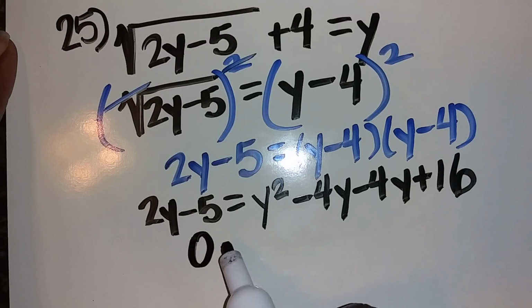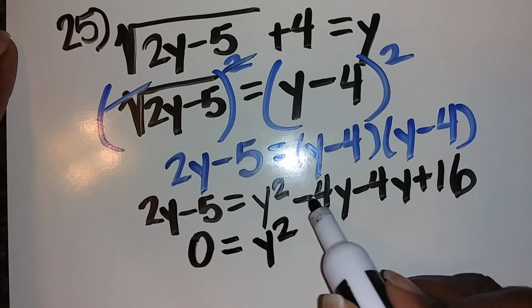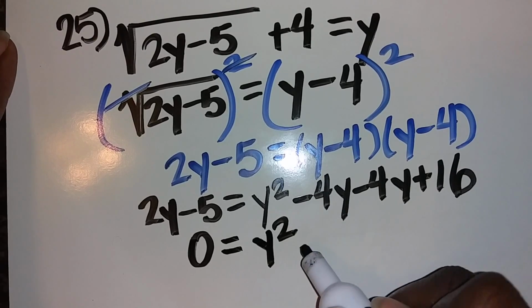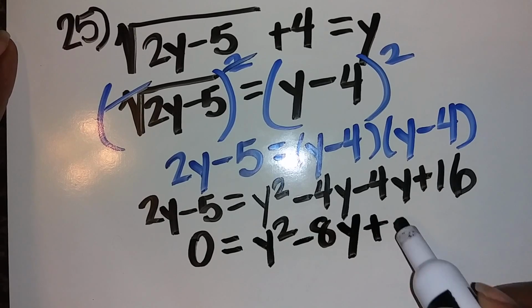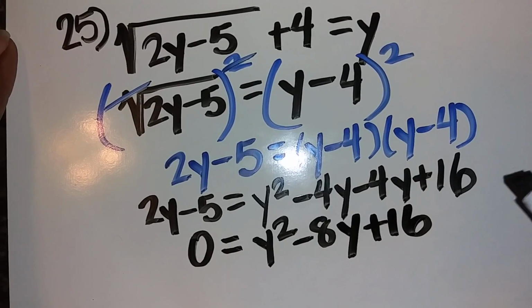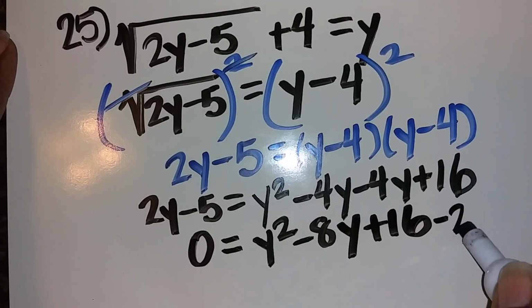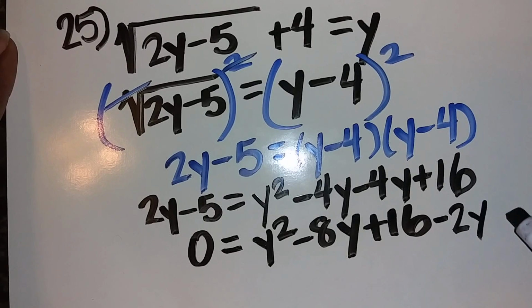I'm going to say 0 equals y squared. I know negative 4 minus 4y is negative 8y. Bring down that plus 16. If I move the 2y from the left to the right, it becomes negative 2y. And if I move that minus 5 from the left to the right, it becomes positive 5.